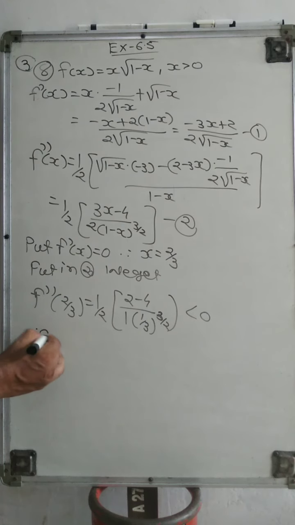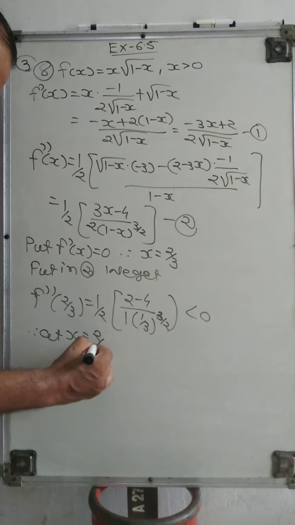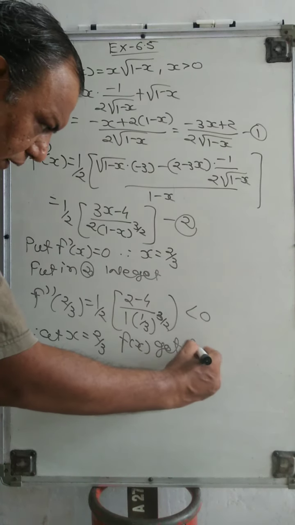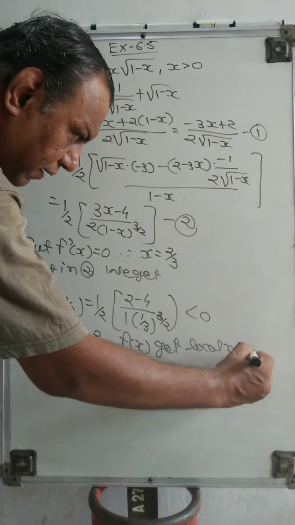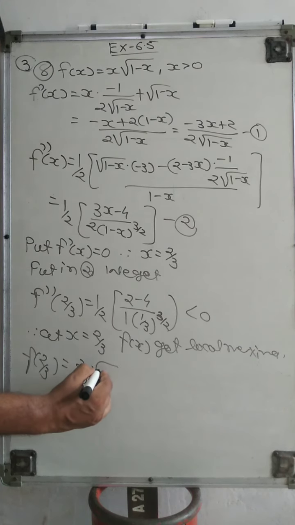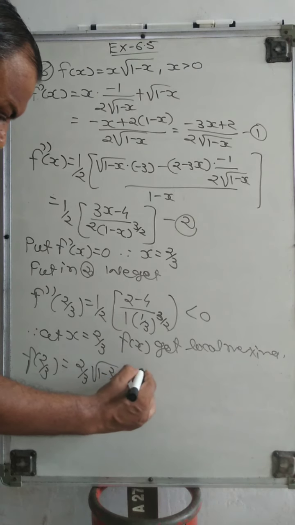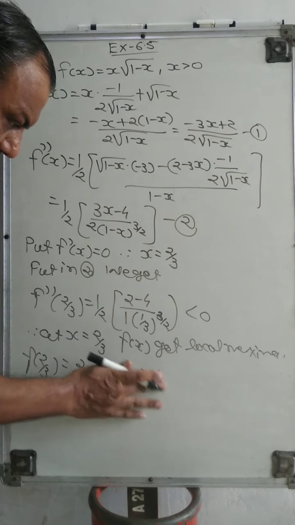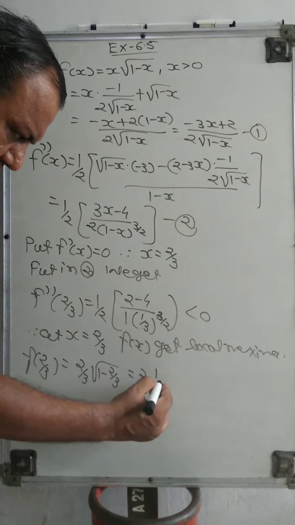Therefore we can say that at x equal to 2 by 3, f(x) gets local maxima, and the value is f(2 by 3). It is 2 by 3 root 1 minus 2 by 3. It is 2 by 3 into 1 upon root, means 1 by 3, 1 upon root 3.